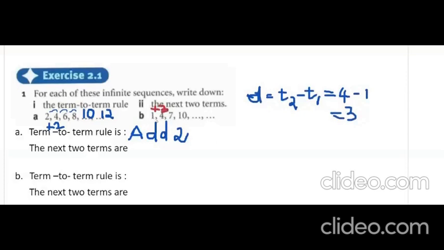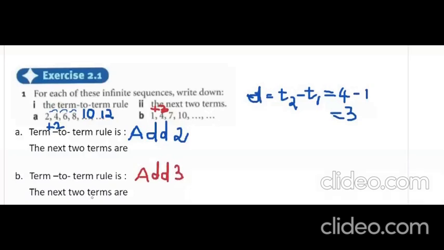So plus 3, plus 3, plus 3 like that. So for B, the answer is the term-to-term rule is add 3.